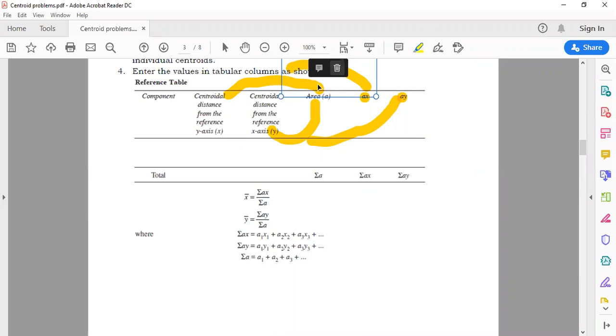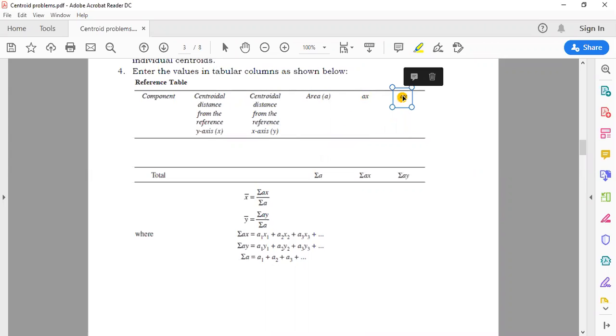Now finally, when you complete this table, you will be able to calculate the final x bar and y bar. How? They are calculated by using this formula. X bar is sigma Ax divided by sigma A. Next, y bar is sigma Ay divided by sigma A.